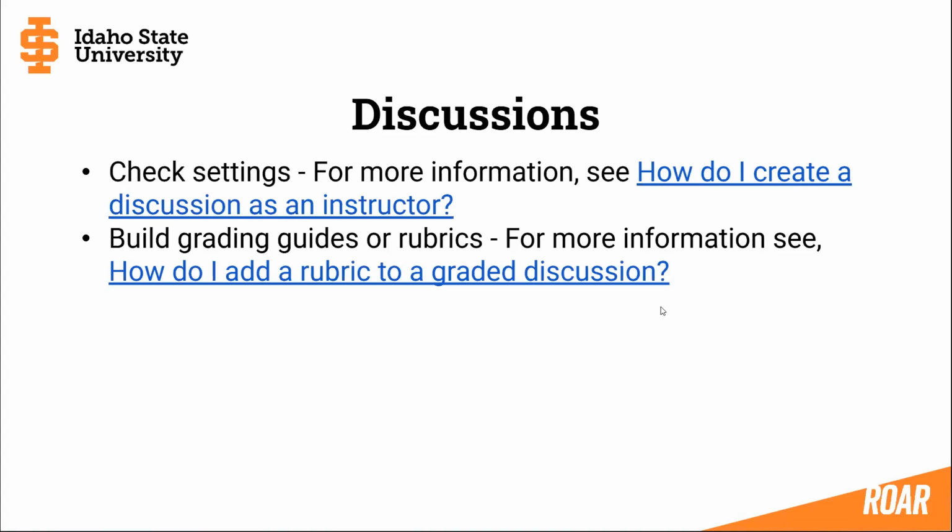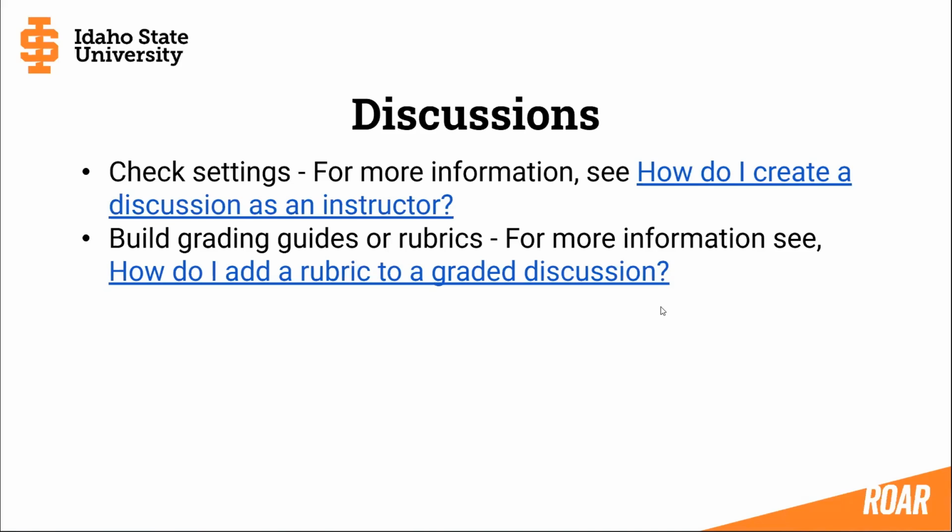And if you're using a grading guide or rubric, you will have to re-add those into your discussions and assignments because those do not come over from Moodle. So that's another reason why it's handy to have them open side by side, because then you can just copy and paste from Moodle over into Canvas and rebuild those.